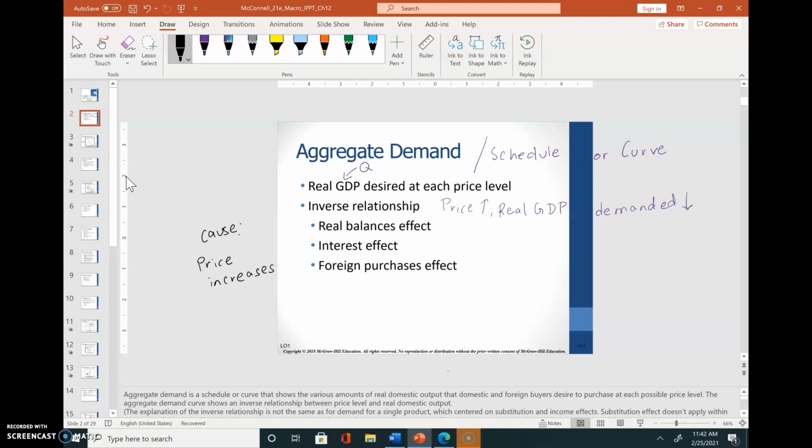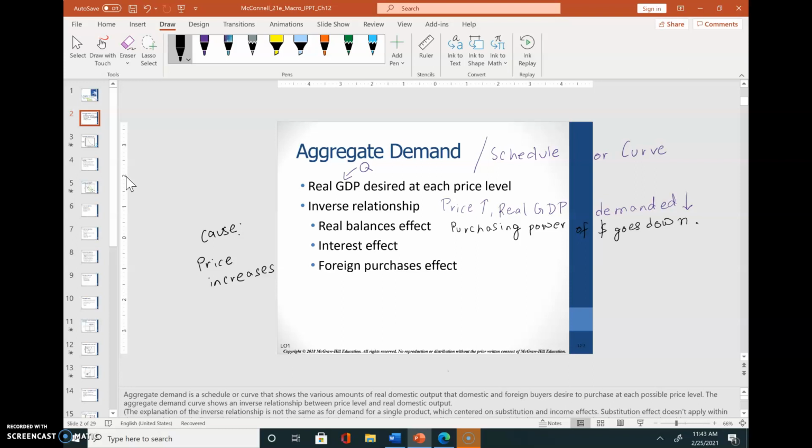What happens when price increases? When a price increases, the purchasing power of money, or I'll just say dollar, definitely goes down. So a price increase will erode the value of your dollar.